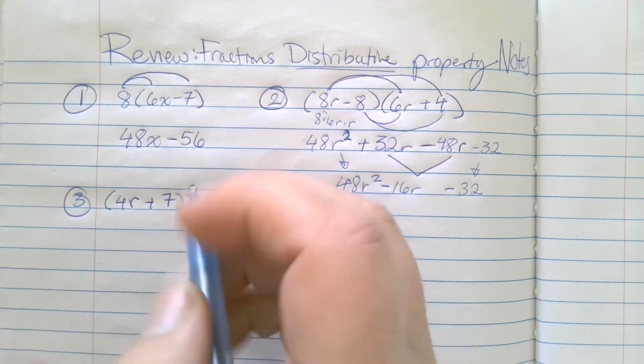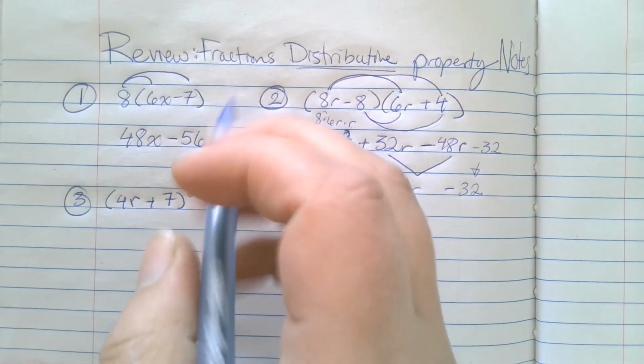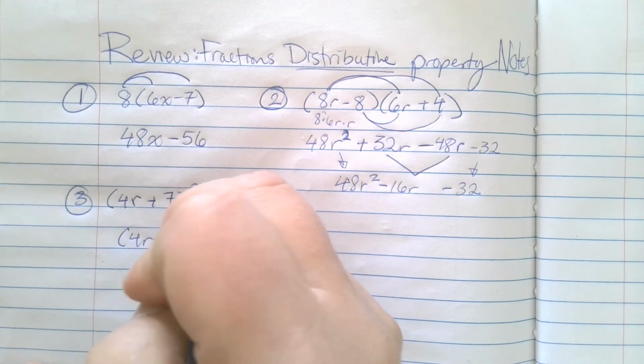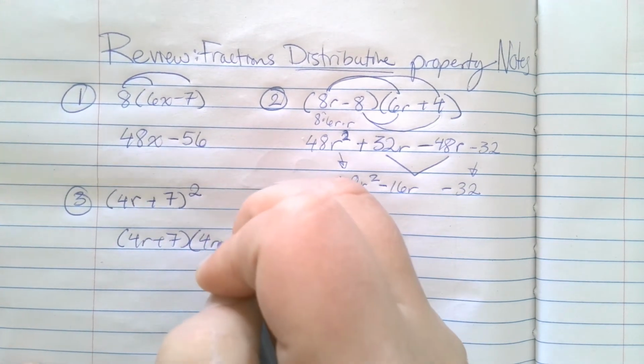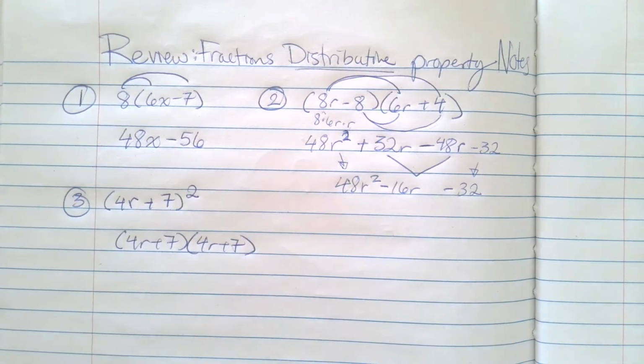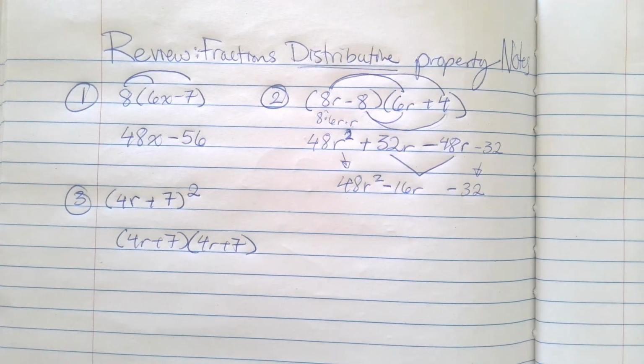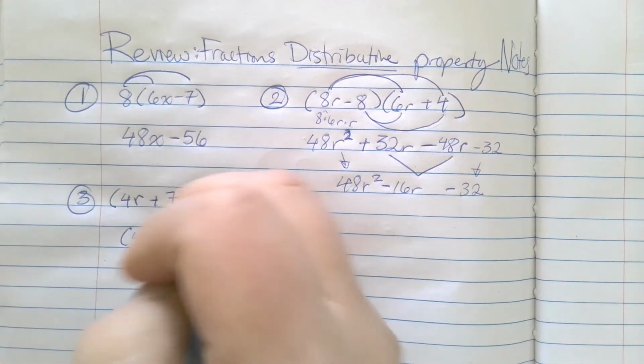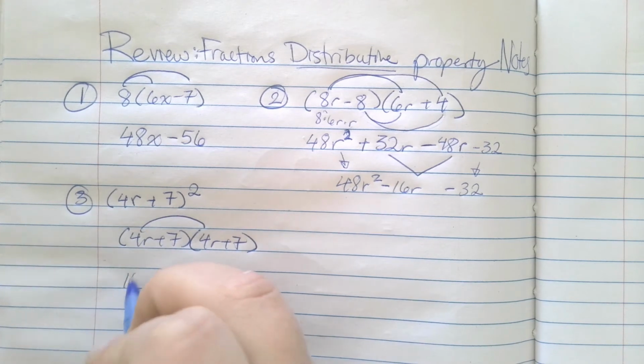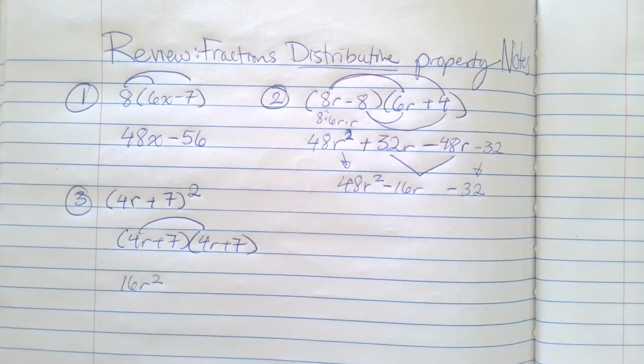When you see that squared, write it twice. Coming back around to Diego. Let's go. 4 times 4. Which is? 16. Thank you for the squared.